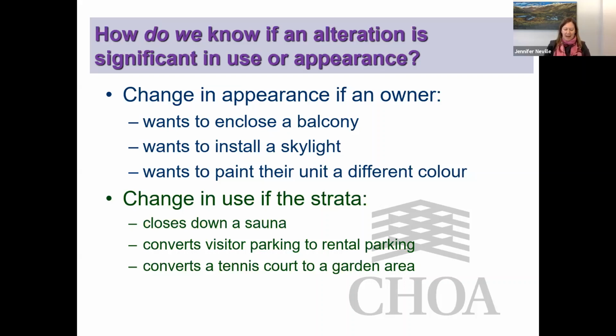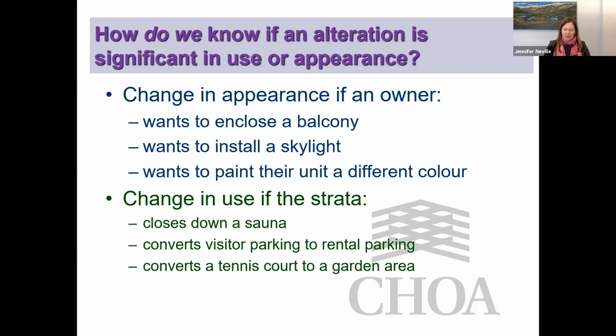And the other thing is, there are quite a number of factors that the BC Supreme Court has determined as factors to consider whether something is a significant change. And that's based on the case of Foley and Strata Plan VR 3837. So it's a number of factors to ask questions about, is this significant?